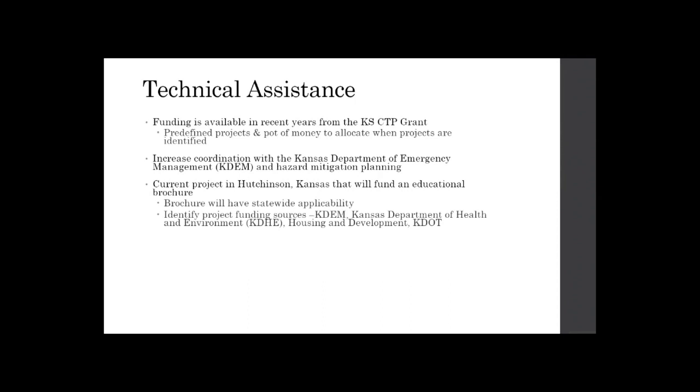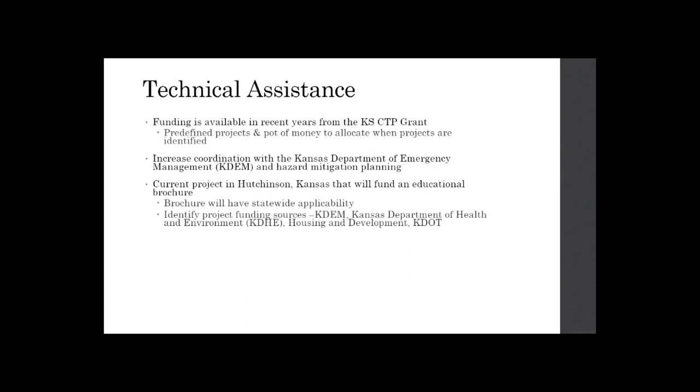We are hoping to increase our coordination with the Kansas Department of Emergency Management and Hazard Mitigation Planning. We have a current project in Hutchinson, Kansas, that will fund an educational brochure, and this brochure will have statewide applicability. Basically we're trying to identify funding sources through KDEM or the Kansas Department of Health and Environment, because our technical assistance funds can be used to model different scenarios, but they can't actually fund improvement projects themselves.